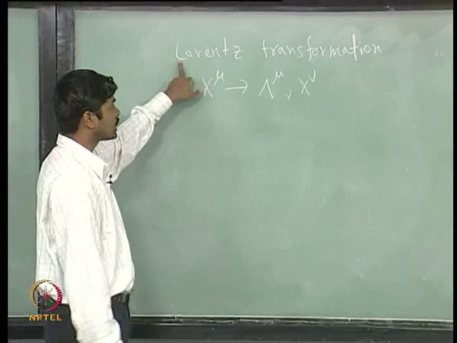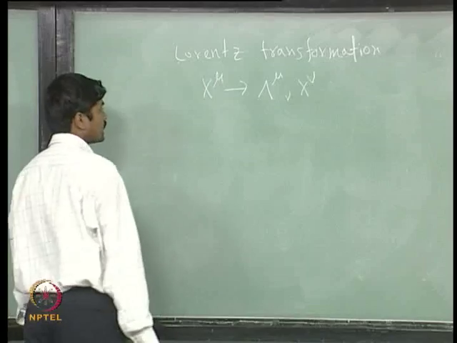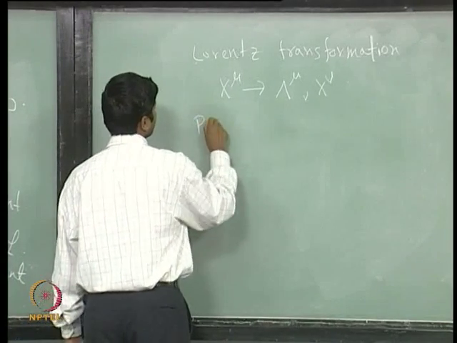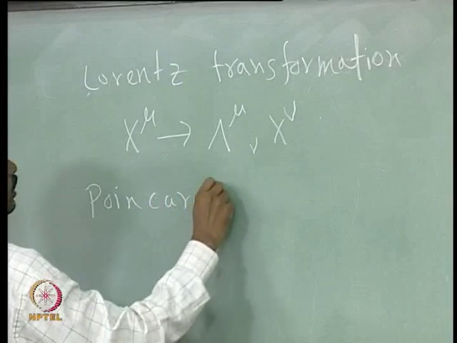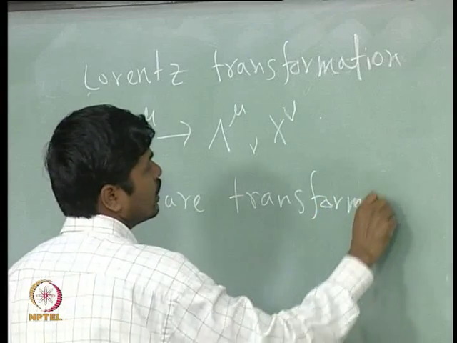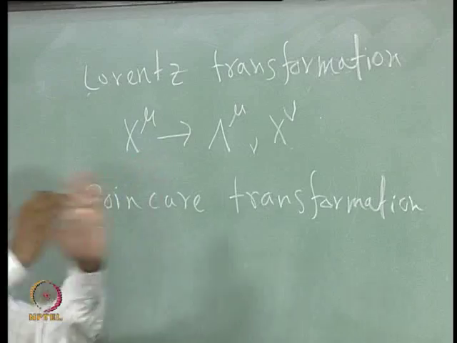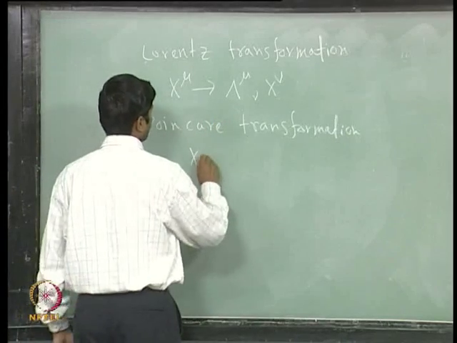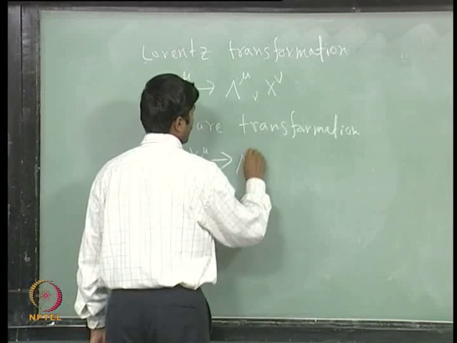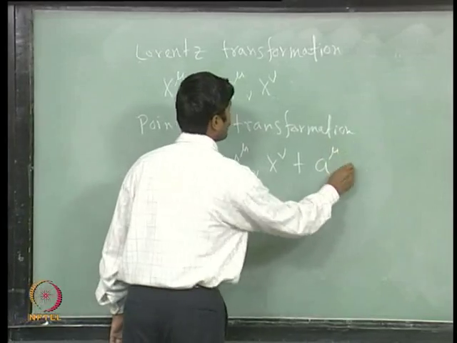This is also known as the homogeneous Lorentz transformation. We have inhomogeneous Lorentz transformation or Poincare transformation, which is this Lorentz transformation plus a translation. So, x mu under Poincare transformation goes to lambda mu nu x nu plus some translation a mu.